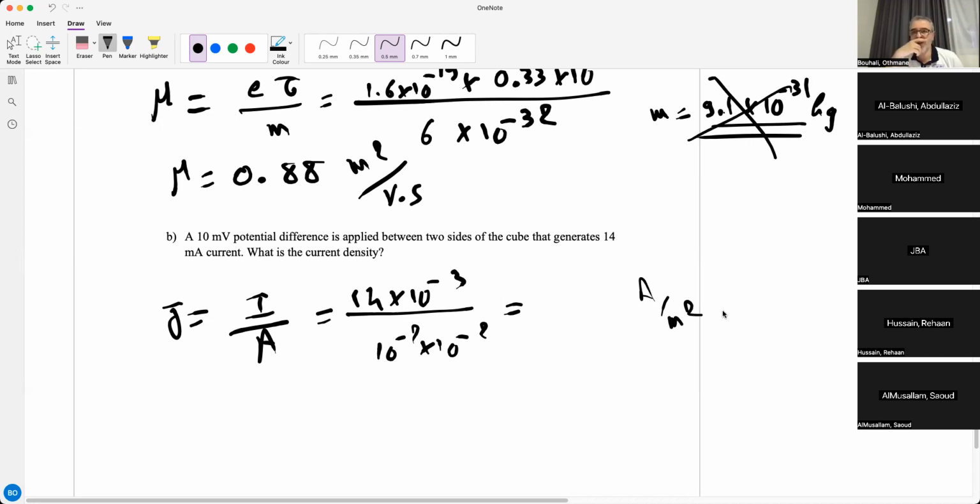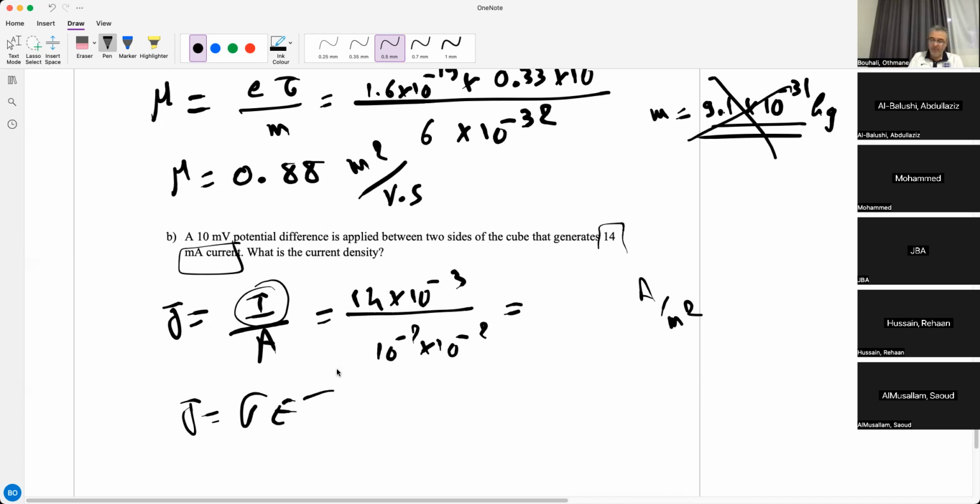Okay, any question? So you see, sometimes you can have a very easy problem. Sometimes, if you didn't have the current, then you would have to calculate the sigma, because J is sigma E, okay?